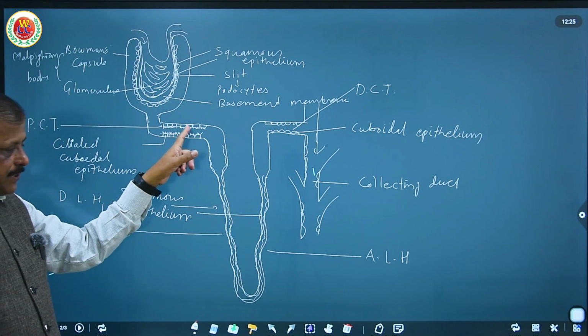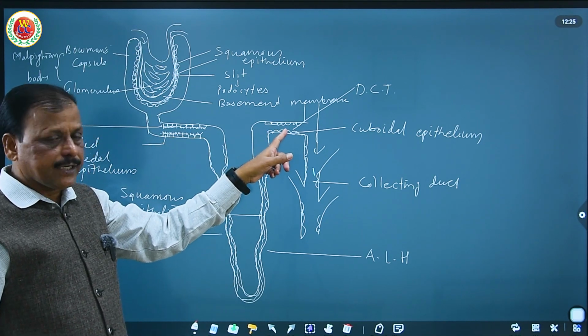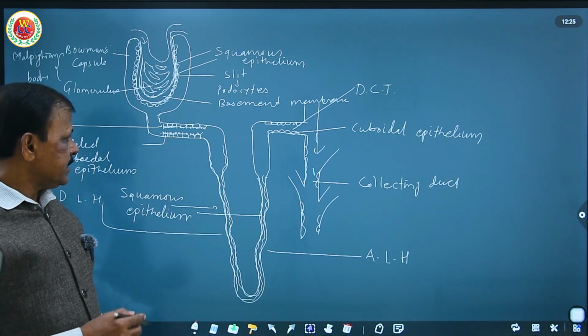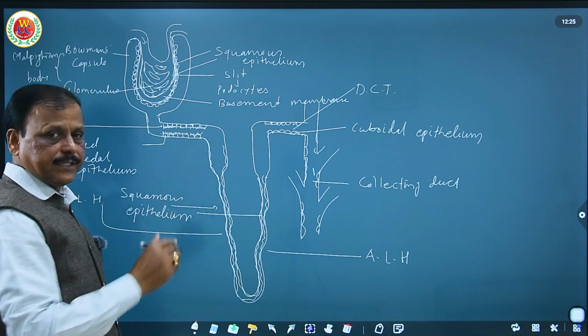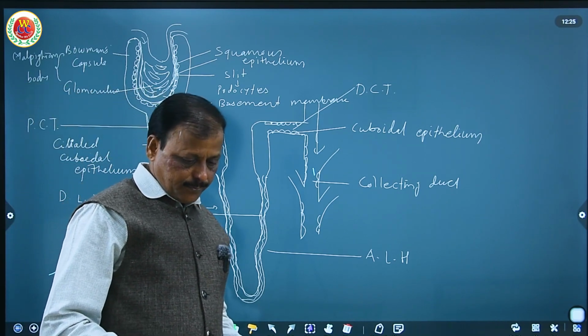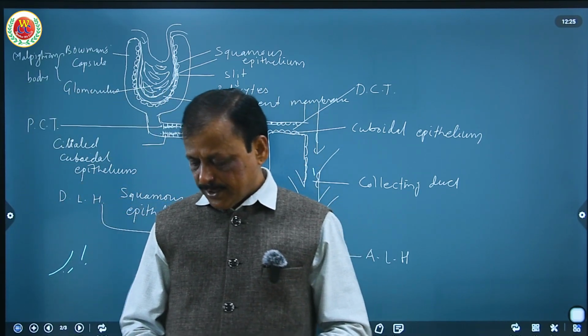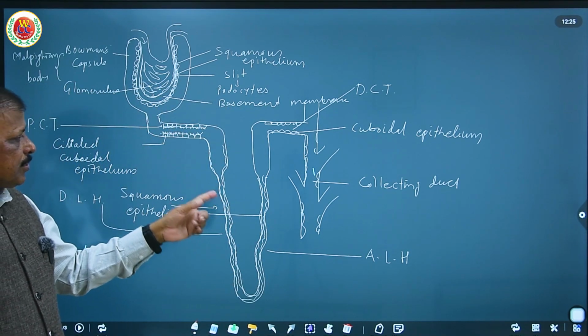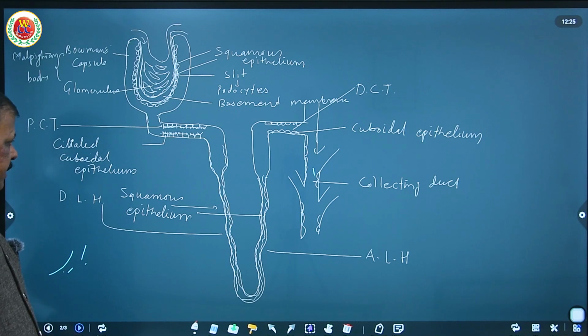Reabsorption continues from PCT, loop of Henle, DCT, as well as in the collecting duct. Secretion occurs in PCT and DCT, and we are going to learn that in the process of formation of urine. As part of the structure of the nephron, this is the structure that you have to draw and explain, which is shown in the diagram also.